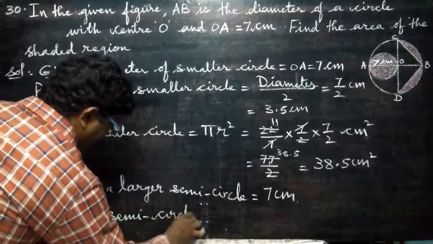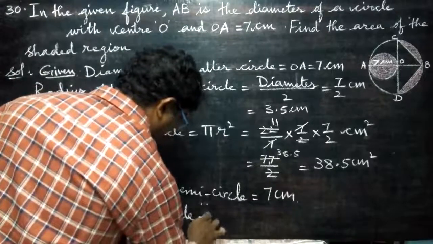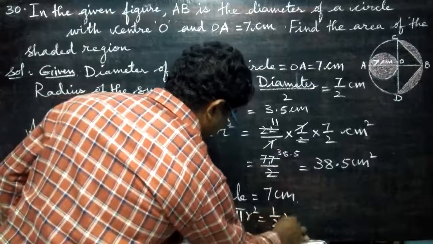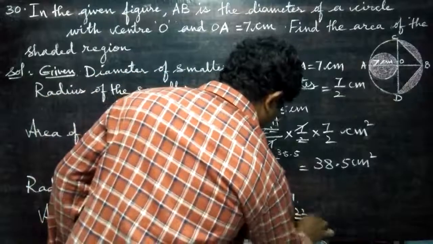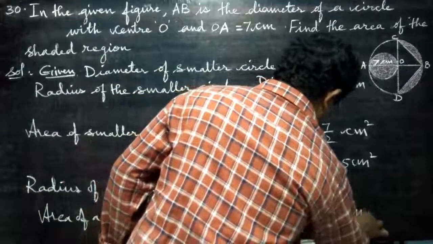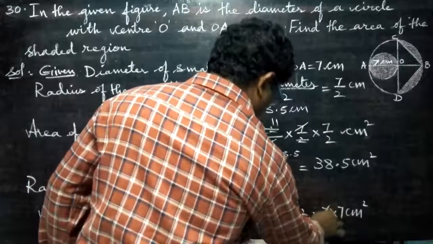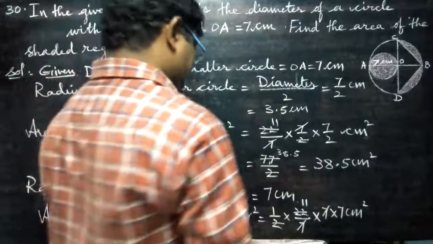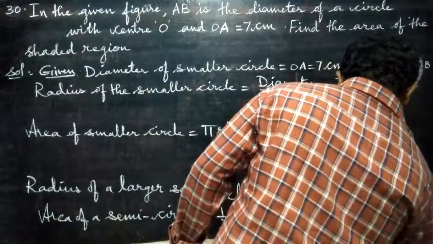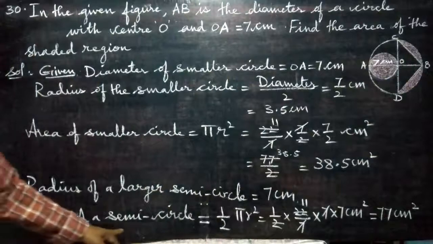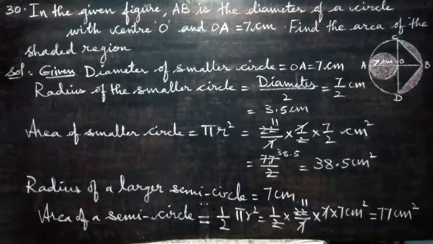Formula: half pi r square. 1 by 2 into 22 by 7 into 7 into 7 centimeter square. 7 goes 1 time. 2 goes 11 times. 11 sevens are 77. Area of a semicircle we got as 77 centimeter square.